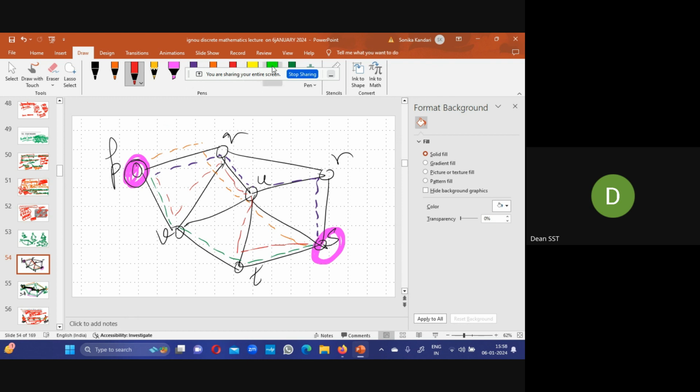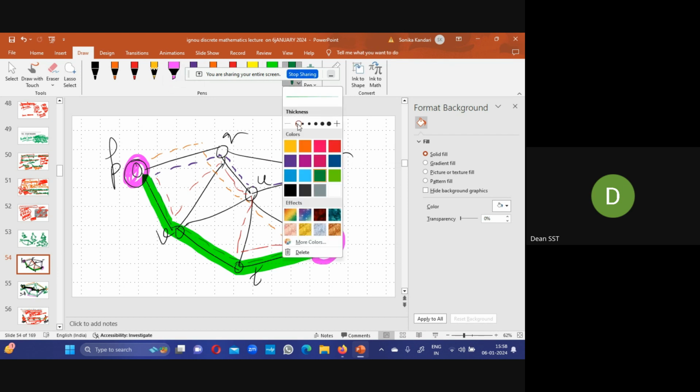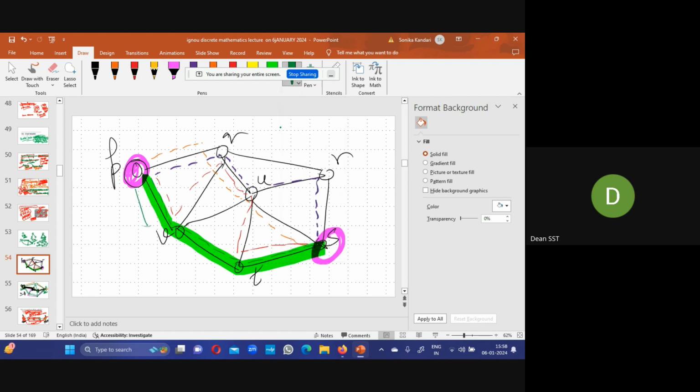Suppose finally, after calculations, I find out that this path is the shortest path, that is, the path from P to V to T to S.